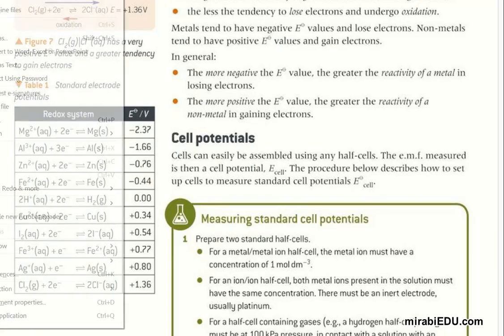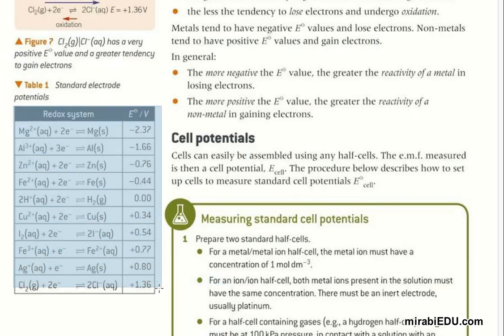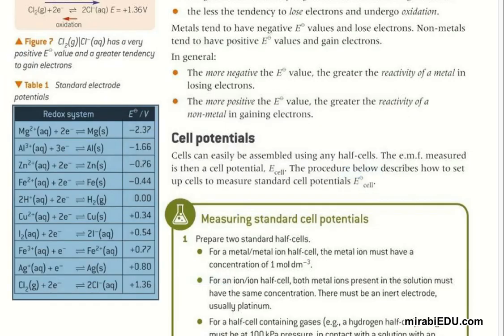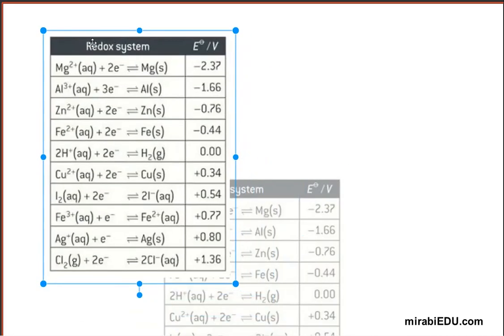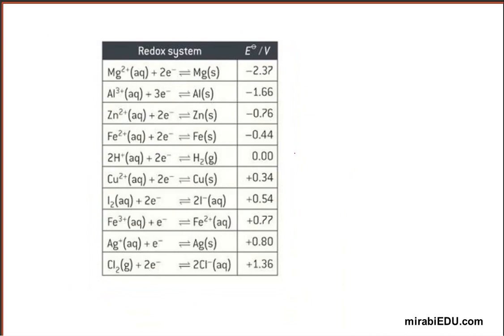So let me write this in another form. Okay, so we said the trend is like this. If we go up, the species are more willing to lose electrons, or they are more willing to be oxidized.